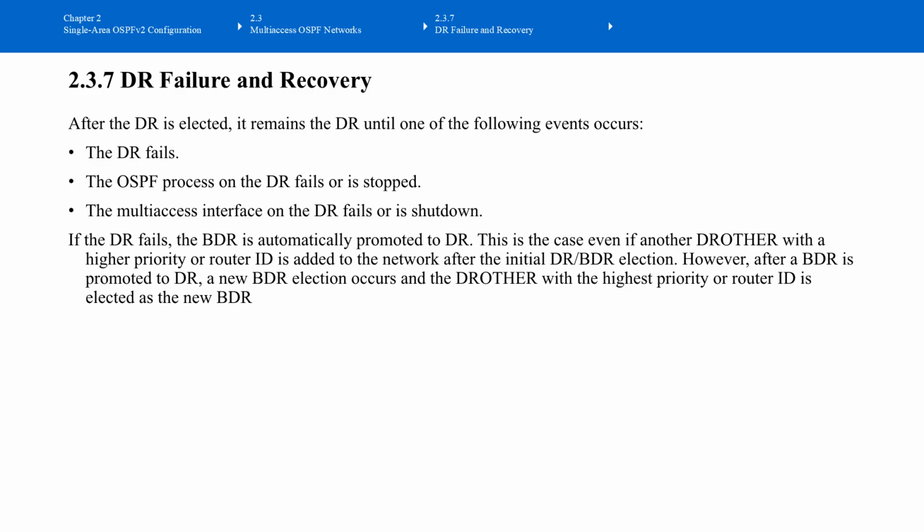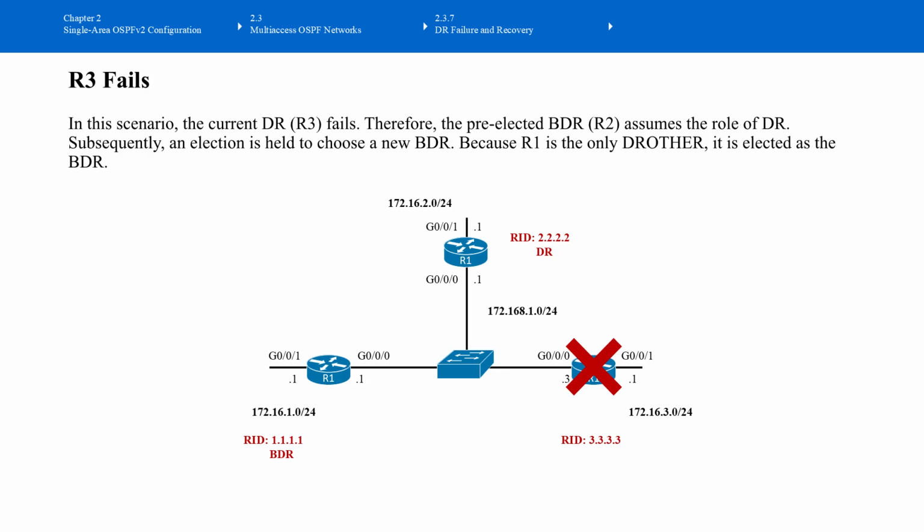2.3.7 DR failure and recovery. When the DR goes down, the BDR immediately takes over as DR. Then OSPF elects a new BDR from the remaining DR other routers. Here, R3 was the DR, but R3 has failed. So OSPF does this automatically.